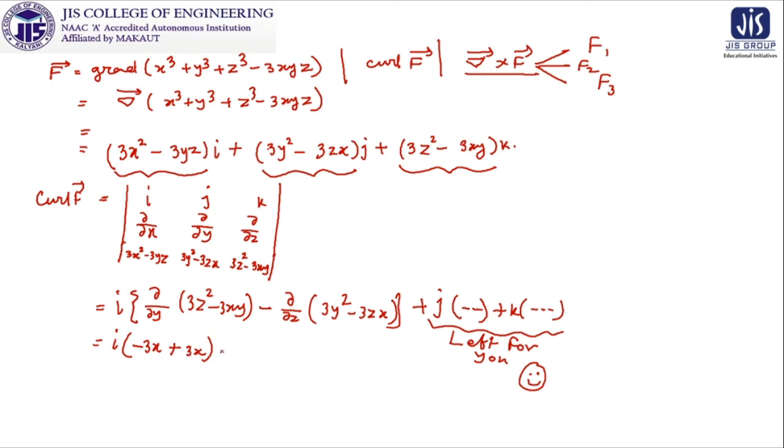So the component along with i is now 0, and if you calculate, you will get this one also 0, this one also 0. You can write 0, or sometimes to give confidence that curl f is a vector quantity, you can put a vector sign on this 0 also, that it is a null vector. Clear?